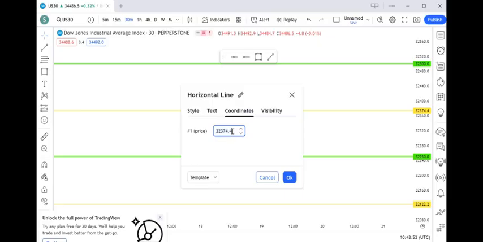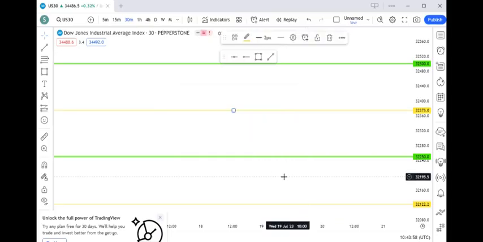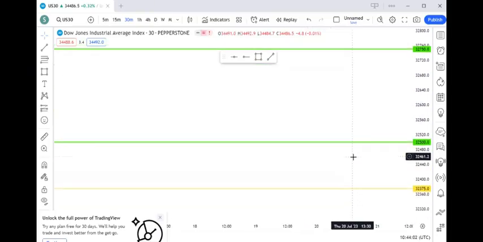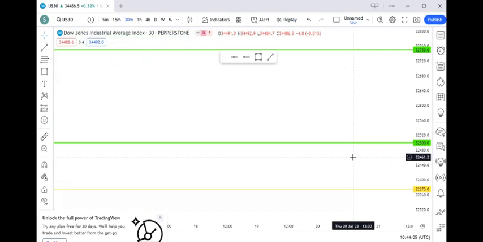Settings, coordinates. There we go. We lock it in. After each level, everything I teach you on the course, you lock in key levels, mid-range, zones, because that's there for life. Your chart stays like that.